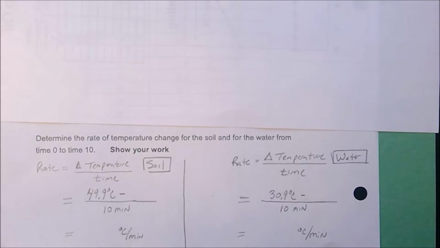You're looking for the first 10 minutes when the lamp was on. The soil ended at a much higher temperature, 49.9 degrees Celsius. The water only reached 30.9 degrees Celsius. So please make sure that you finish these calculations. After you've finished the calculations, please round them to the nearest tenth.